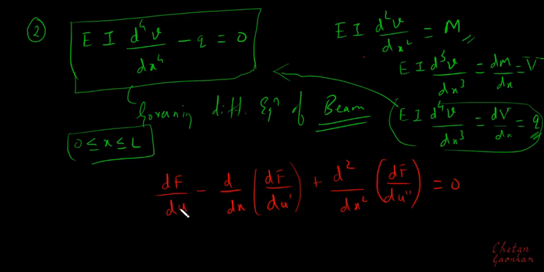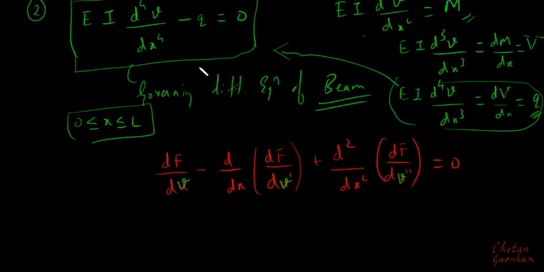Now, while deriving this, our variable was u, but here the variable is v. So let me modify this Euler-Lagrange equation. We will write this as df by dv, df by dv dash, df by dv double dash, right? And now let us try to apply this Euler-Lagrange equation on this governing differential equation of the beam.